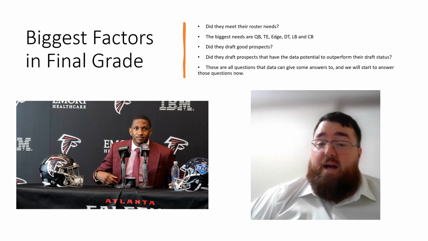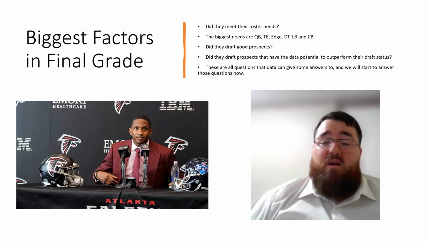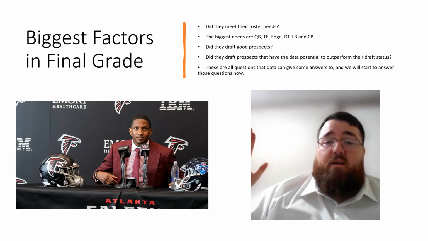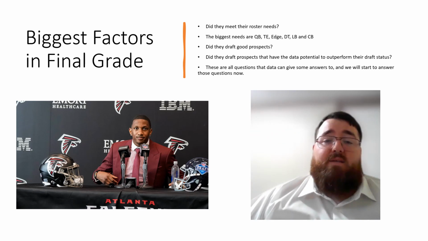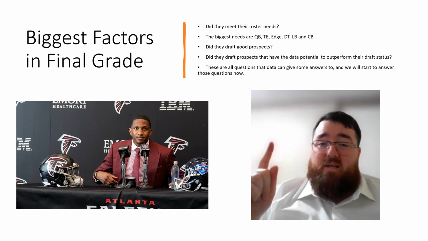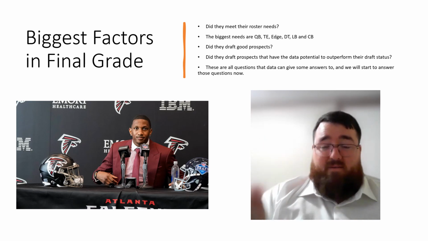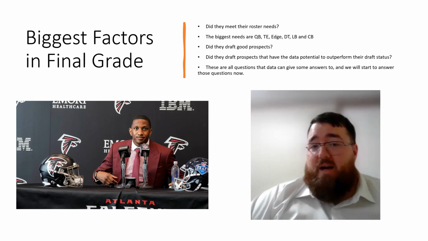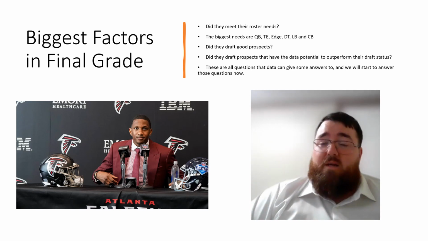But if you draft prospects that have great data grades, they have a great shot of outperforming where they're drafted compared to other prospects. So always draft prospects that have better data grades than where they're selected. Otherwise, you're not going to be a very happy person.